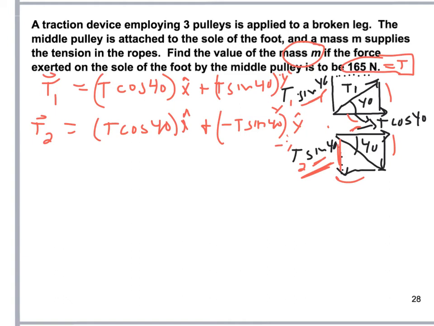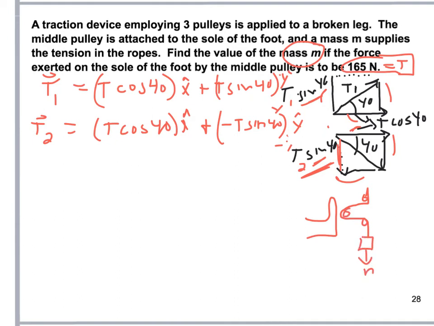We also want to remember the tension in the rope. What I didn't actually draw down here is the foot, so let me draw the foot. You have your 3 pulleys right here, and then here's your mass right there.